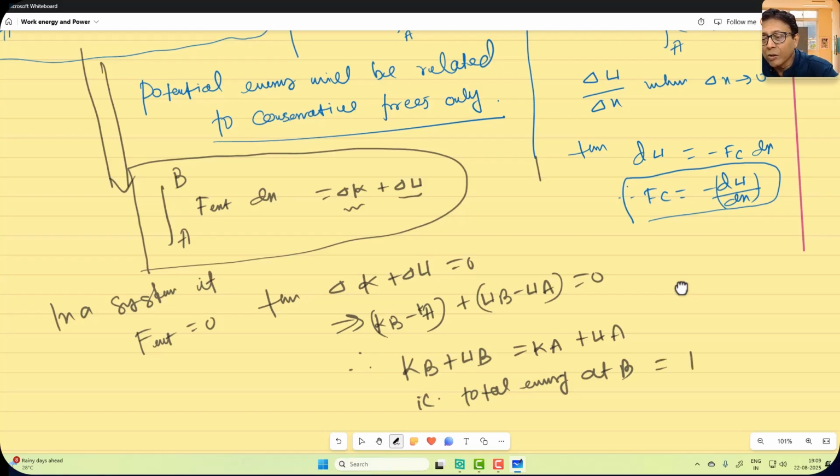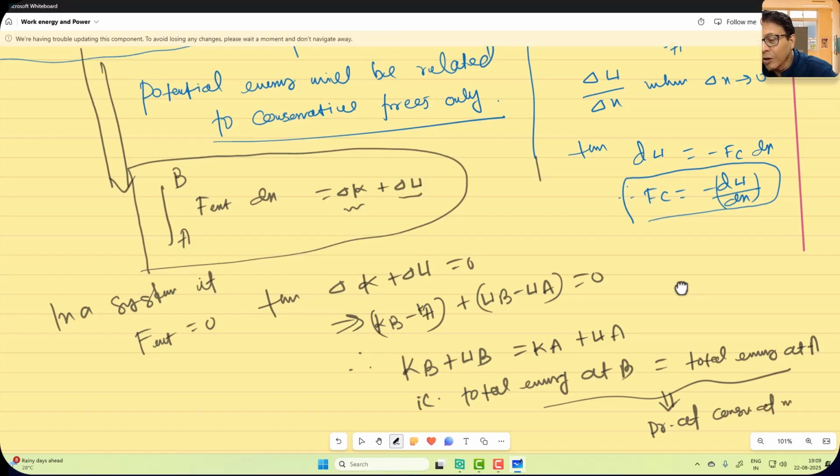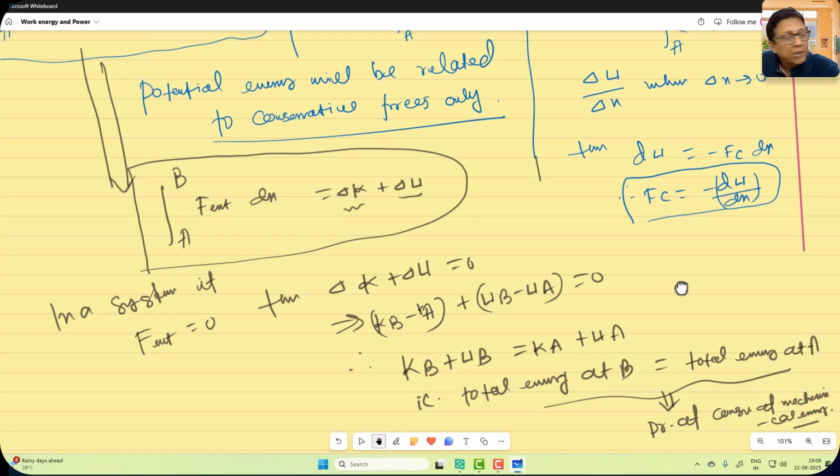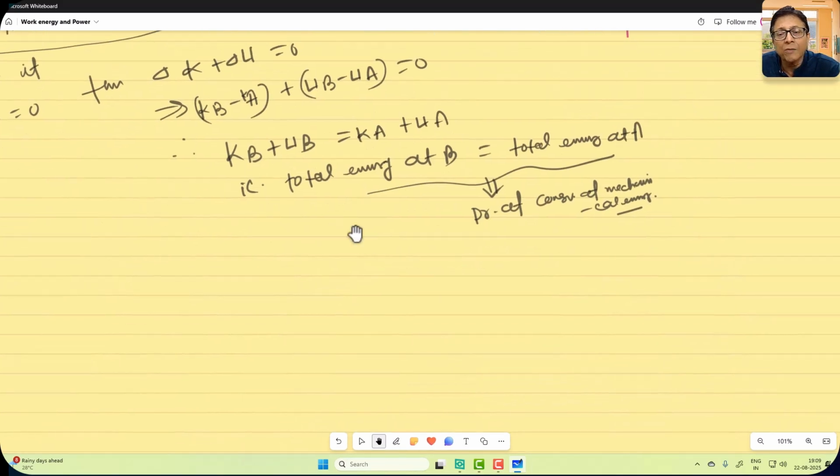Total energy at B is equal to total energy at A. This is called the principle of conservation of mechanical energy. Conservative force is present there, but other external force is absent. In that case, conservation of energy is valid.